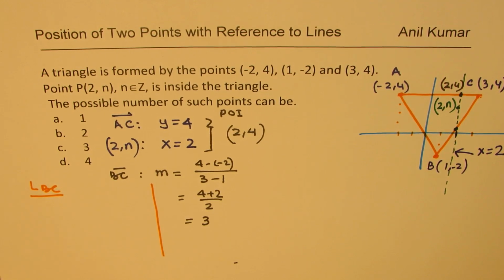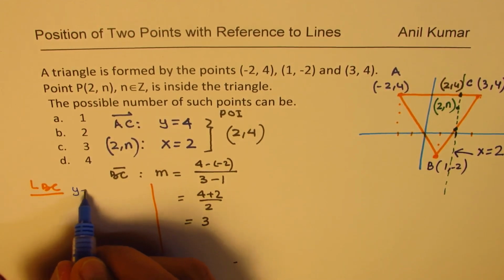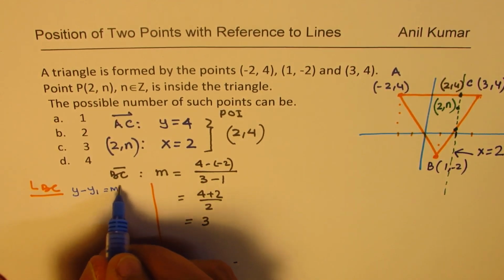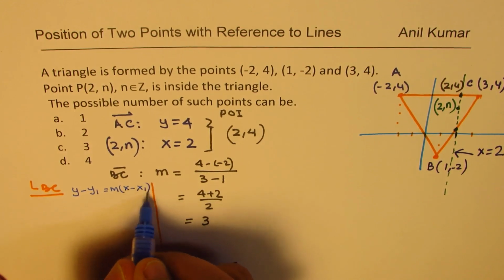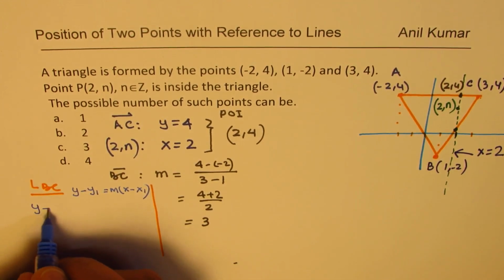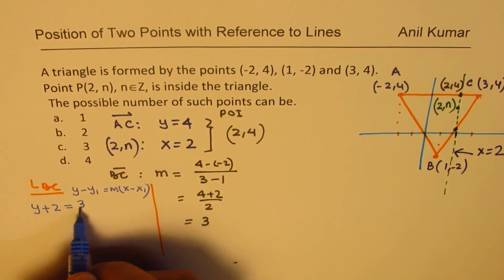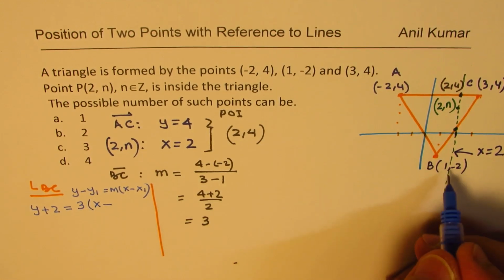Well, we can use the point B, which is 1, minus 2. So we'll use the form y minus y1 equals to m times x minus x1, right? So the y value is minus 2, which we are going to use. So y plus 2 equals to m, which is 3 for us, times x minus 1.